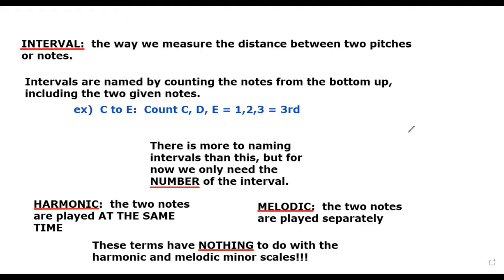These terms really have nothing to do with the harmonic and melodic minor scales that we've been learning, so don't confuse the two. In this instance, when you're talking about intervals, we're just talking about whether we play them at the same time or we play them separately from each other. So that can be confusing. So I don't want you to get started on the wrong foot here. All right.